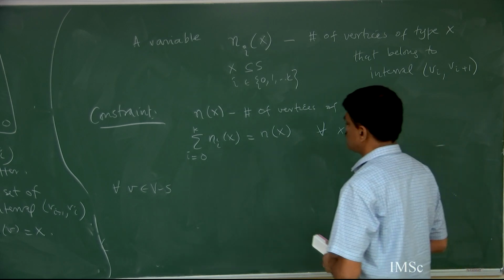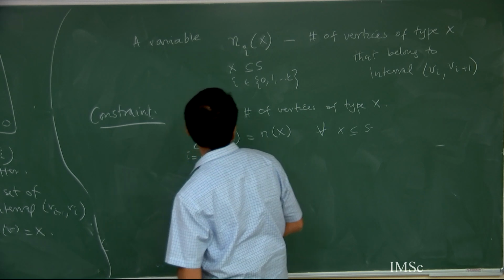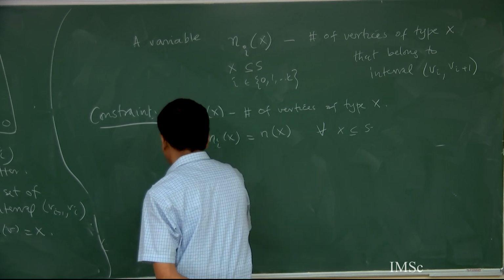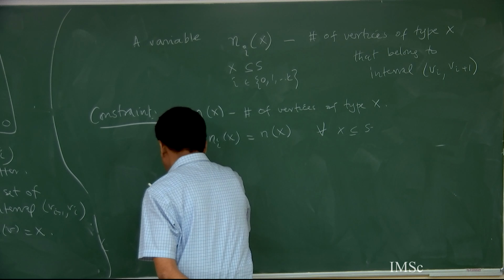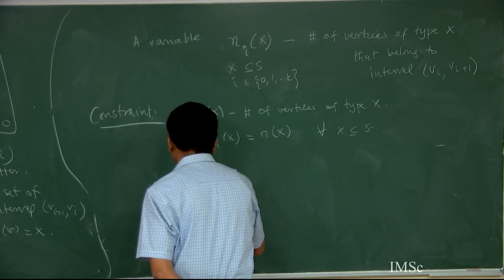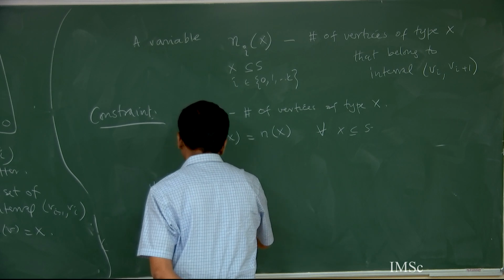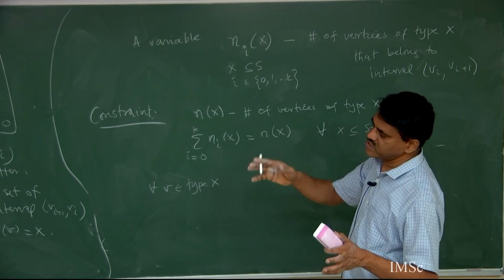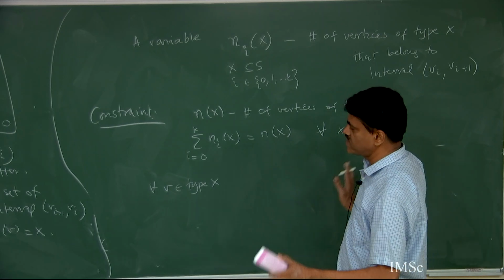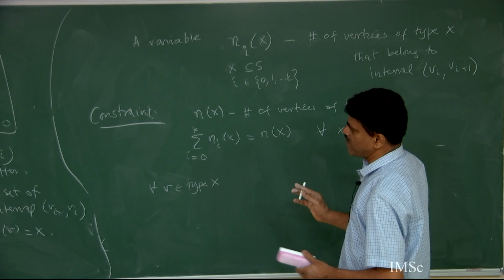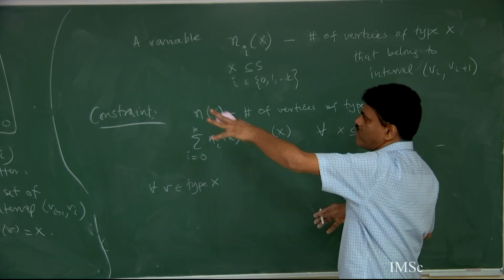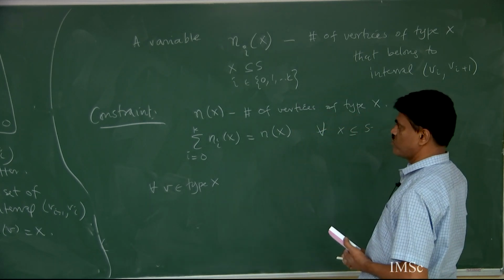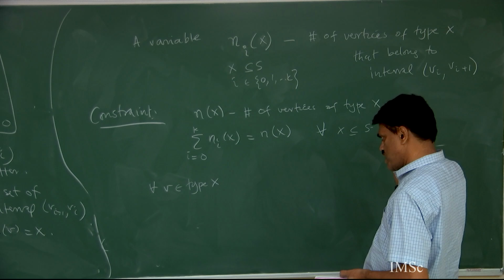So for every v in type x, what is its imbalance? Well, they are all distributed. Some are in the first interval, some are in the second interval, some are in the kth interval. Among them there is no problem anyway. You only care about the things outside. So is there a nice formula which I can write down?